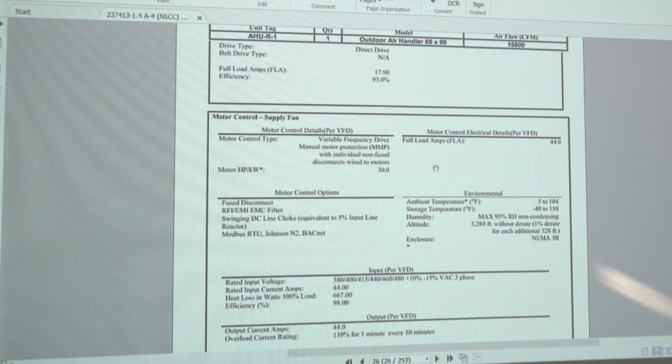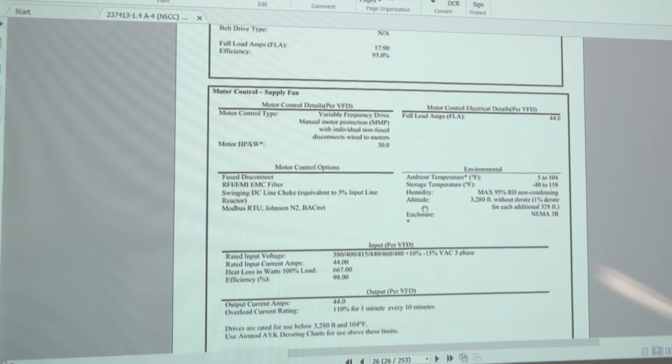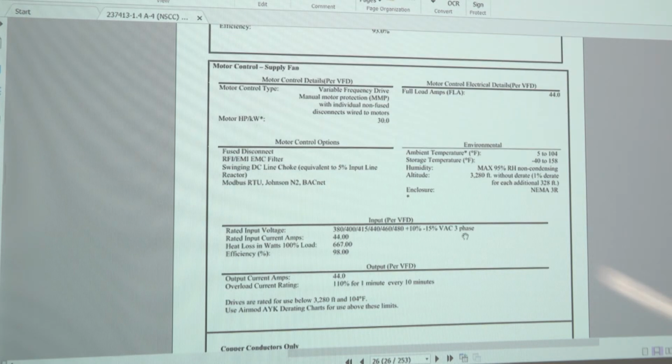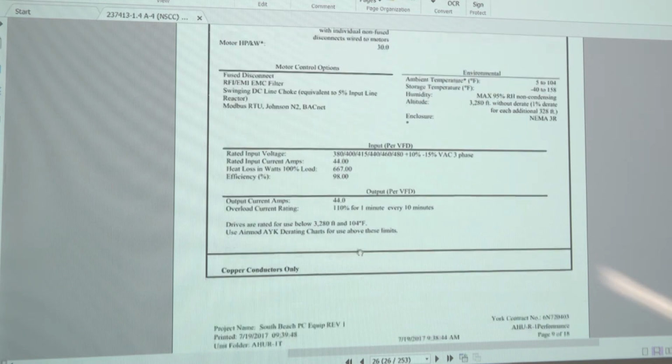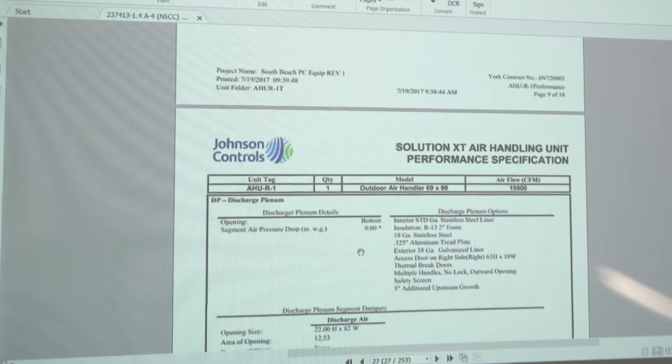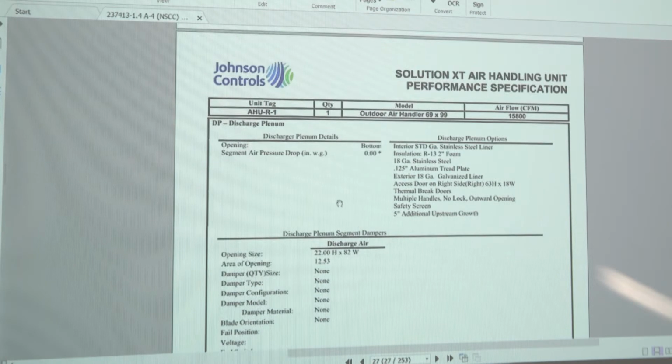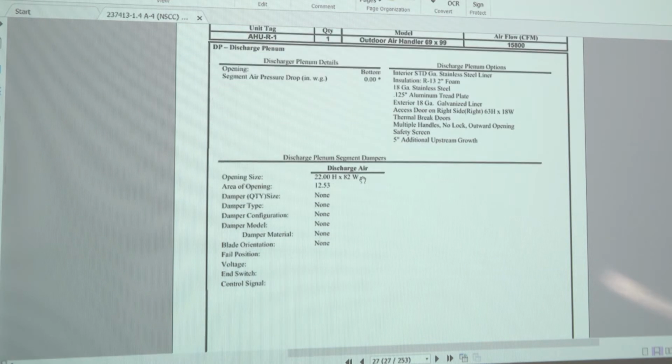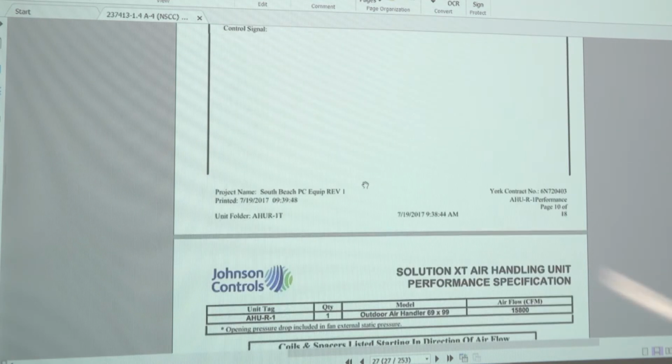Getting into the VFDs, amperages, fuse disconnects. Okay, you see your input, your rated voltages, your input amperages, your efficiencies. Okay, these are all part of the submittal package. Your discharge plenum. Okay, all these different modules are what constructs your one air handler unit.